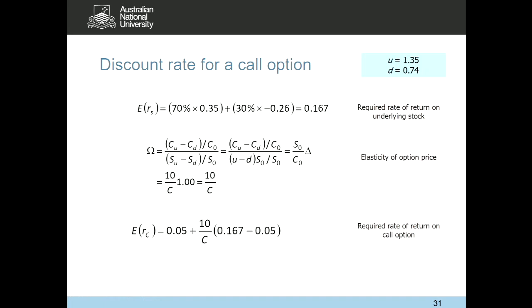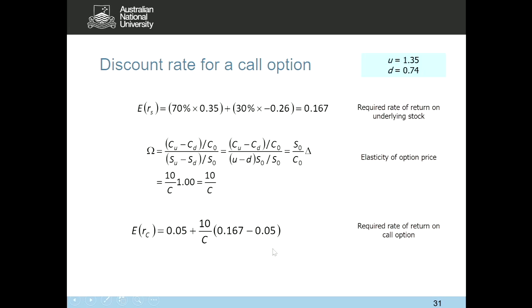Our delta is 1, and we simply leave the call option price there as an unknown variable. Okay? So that would become our omega. So we will leave the C as an unknown variable for the omega, and we will carry this over to the discounting formula. And then we have one equation and one unknown. We can back out what the call option price is.